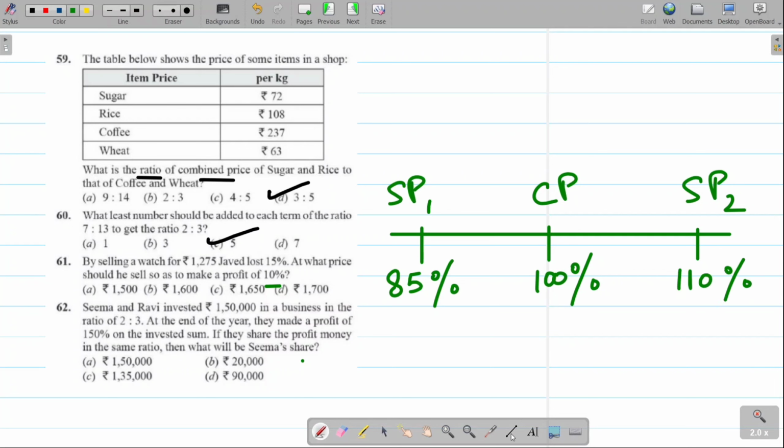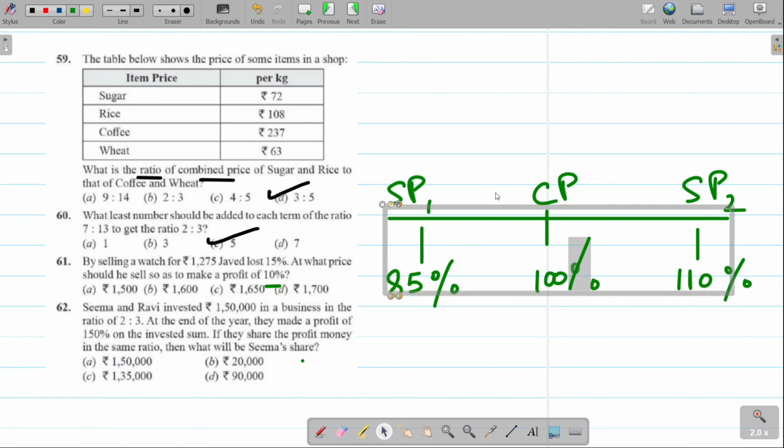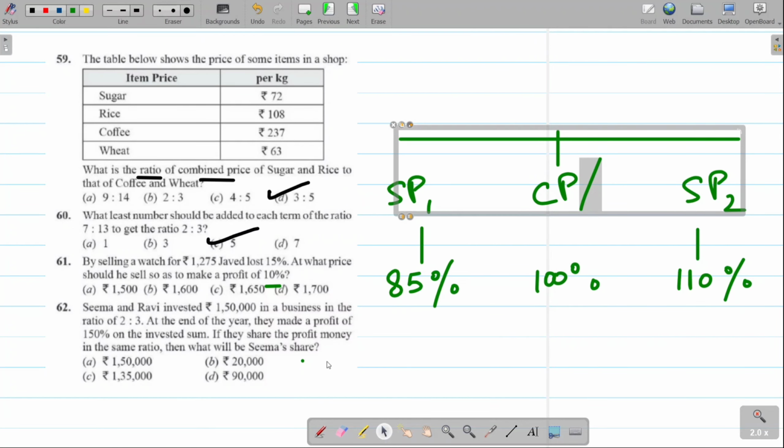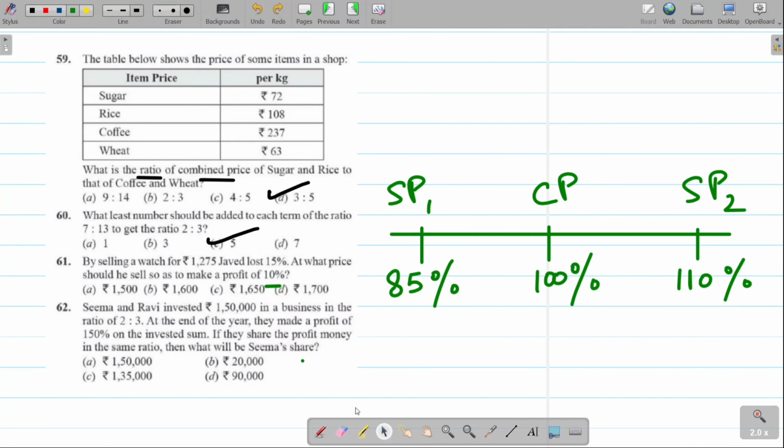Let me undo this. So we know this 85% is 1275.